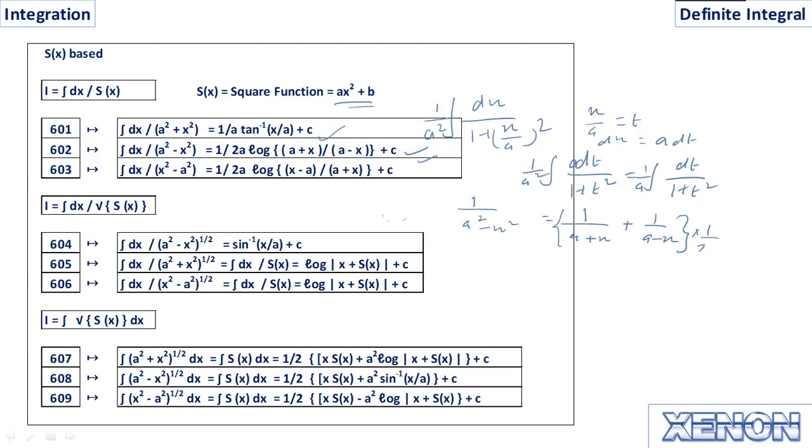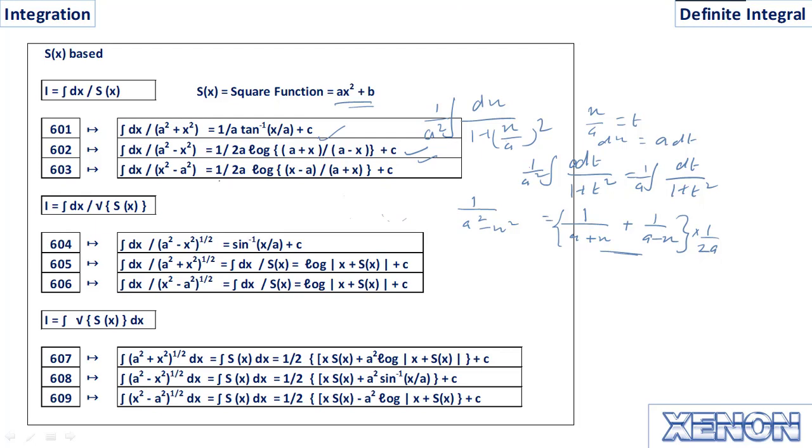Right, and now we will integrate this form. So we will be getting the integration of 1 upon a square minus x square equals 1 upon 2a log (a plus x) upon (a minus x) plus c.